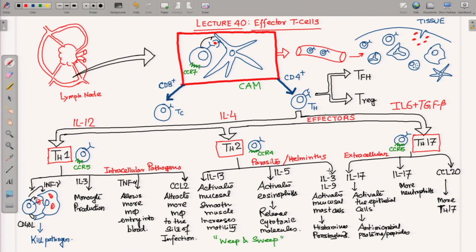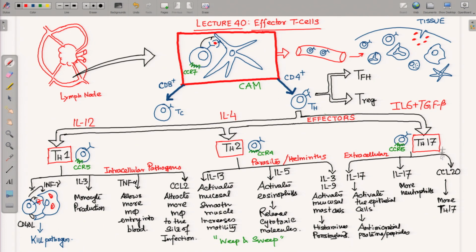Mucosal mast cells are a small category of mast cells that are activated by these Th2 cell types, and they can produce histamine, prostaglandins, leukotrienes, all these molecules, which help in vasodilation and thereby increase the fluid flow to the mucosal lumen, and by that action they can sweep out the pathogen.